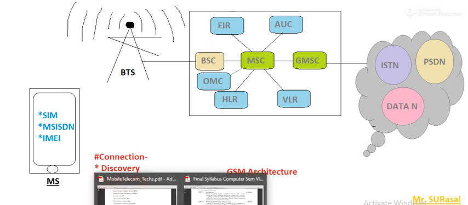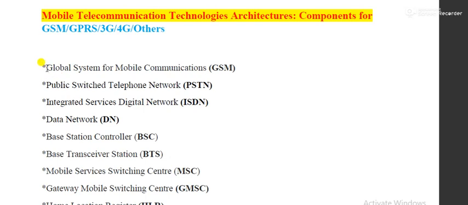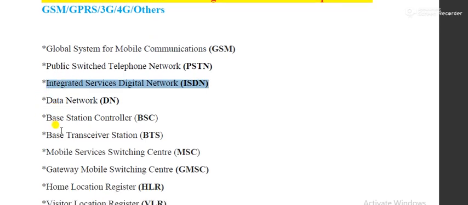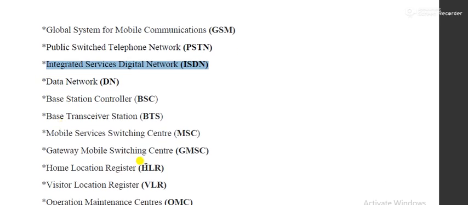If you go through this PDF again, it includes all components in the GSM or GPRS architecture. As I have taught you already, what PSTN and ISDN are, try to remind yourself of it. Now let's see the rest of the things.